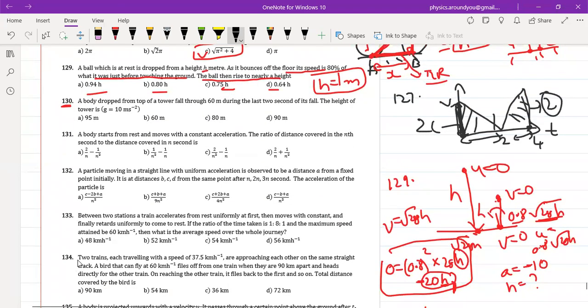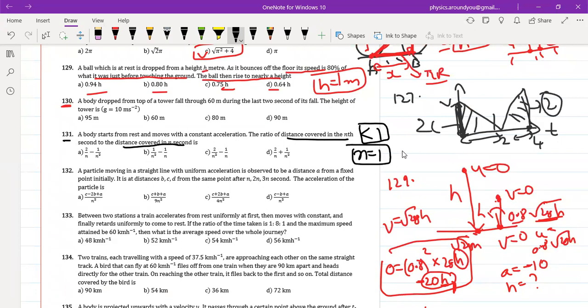Now, what is question number 131? Question number 131, we have seen a very similar theme, the ratio of distance covered in n seconds to the displacement in n seconds. That ratio should always be less than 1. Okay, let us first put n equal to 1.